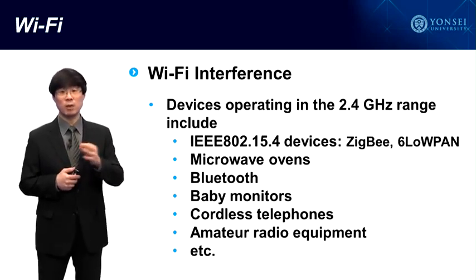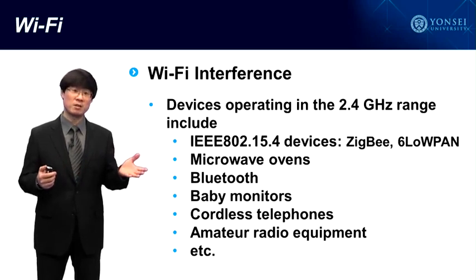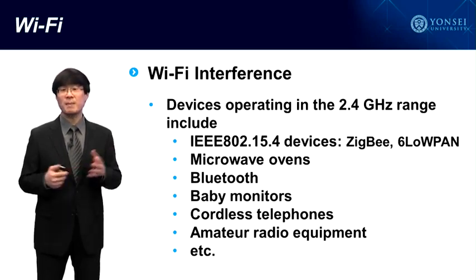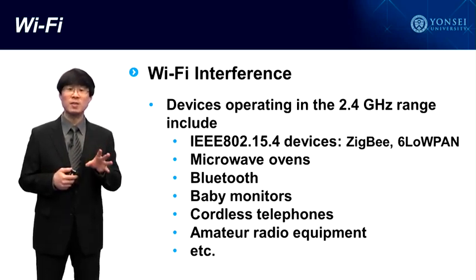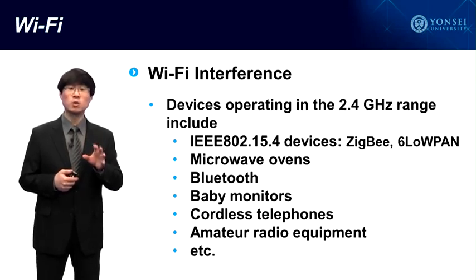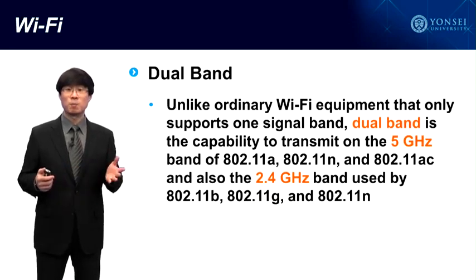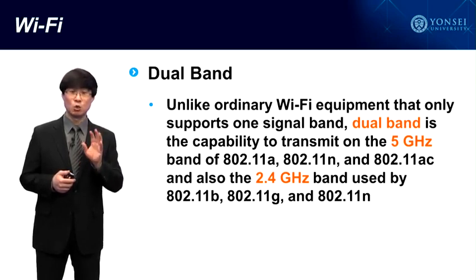So naturally, they would have some type of interference. Microwave ovens, Bluetooth, baby monitors, cordless telephones, amateur radio equipment. All of these work at the 2.4 gigahertz range, and they are going to result in some type of interference to our Wi-Fi devices.